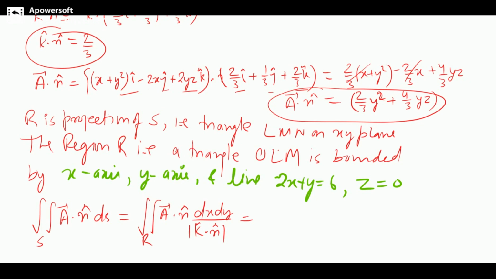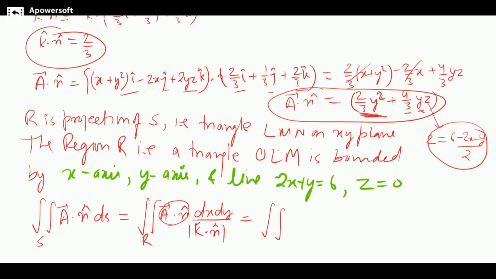Because we are taking a double integral, A dot n is 2 by 3 y square plus 4 by 3 yz. In that expression, in place of z, from the equation of the plane, we put z equal to 6 minus 2x minus y upon 2.